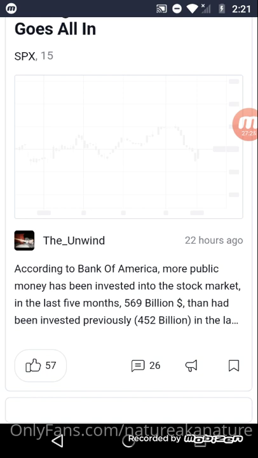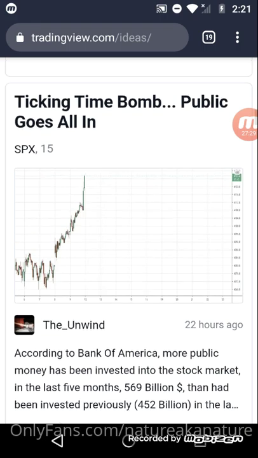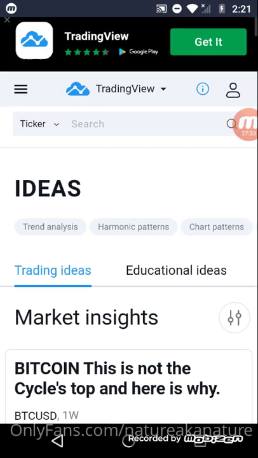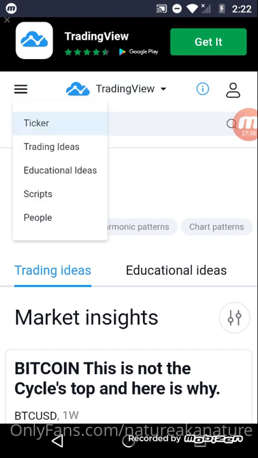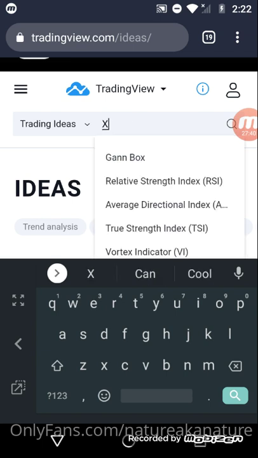So yeah, here's the chart, and you just go to trading ideas, and you can see how recent they are. This was April 9th, April 10th, April 9th. You see how recent they are. 13 hours ago. Deeper look at gold.